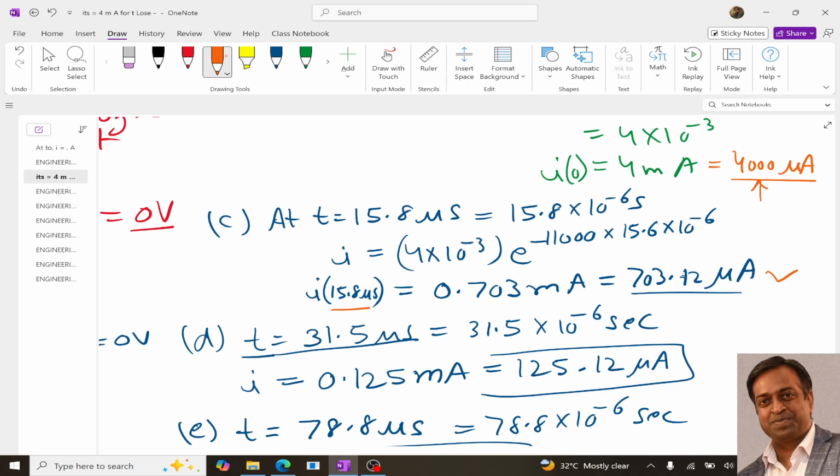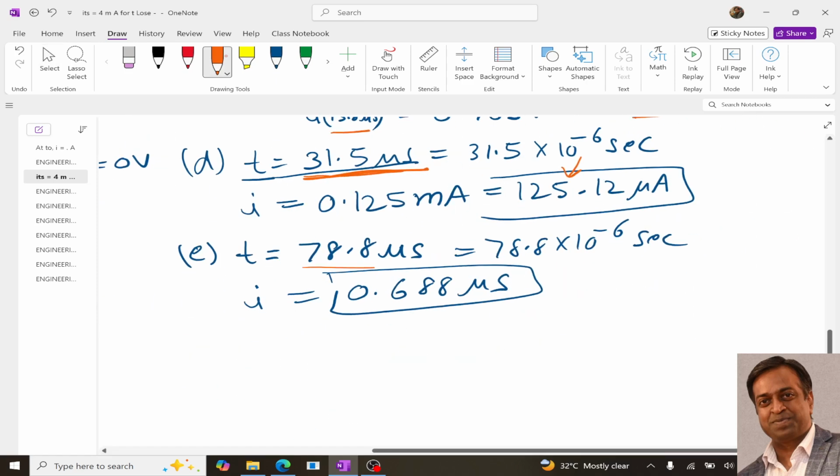So from 4000 it reduces to 703, and then at 31.5 microseconds, as the time grows, the current reduces from 703 to 125 microampere, and then after a few more microseconds, the current reduces further to 6.68 microampere. So if you calculate these answers and apply your reasoning, you will find that the theoretical concept exactly matches the numerical answers.